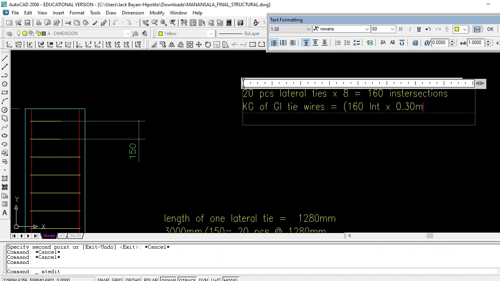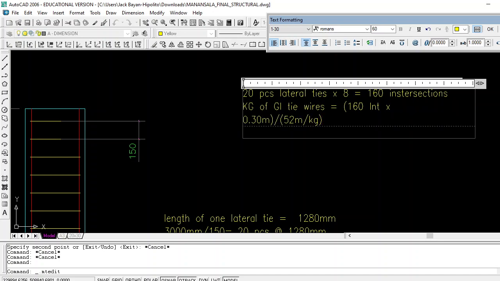Ibig sabihin, 1 GI tie wire na to tie your intersections has a measurement of 0.3. And then, after that, you divide it by 52. What is 52? 52 is your length in meters, 52 meters per kilogram.